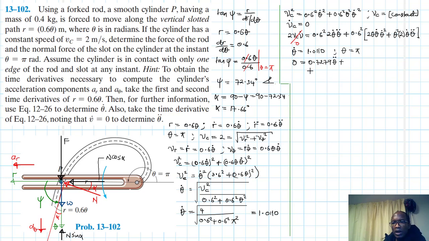So this becomes 0.6 squared by 2 by pi by 1.0110.